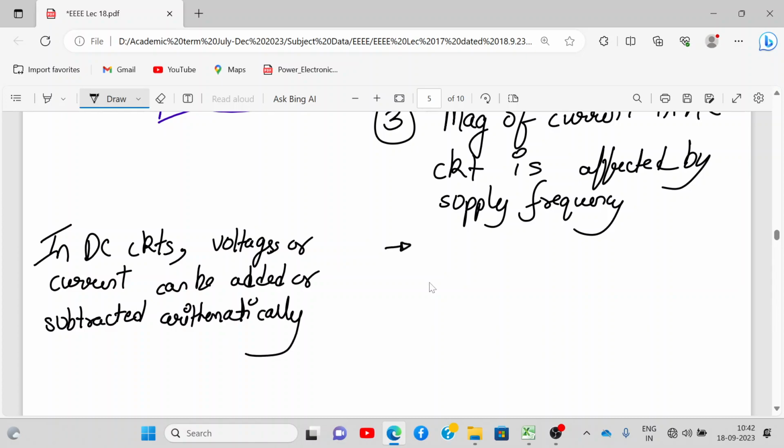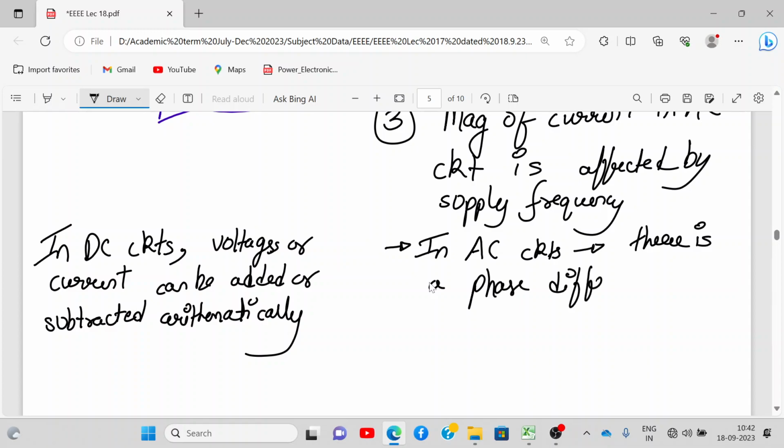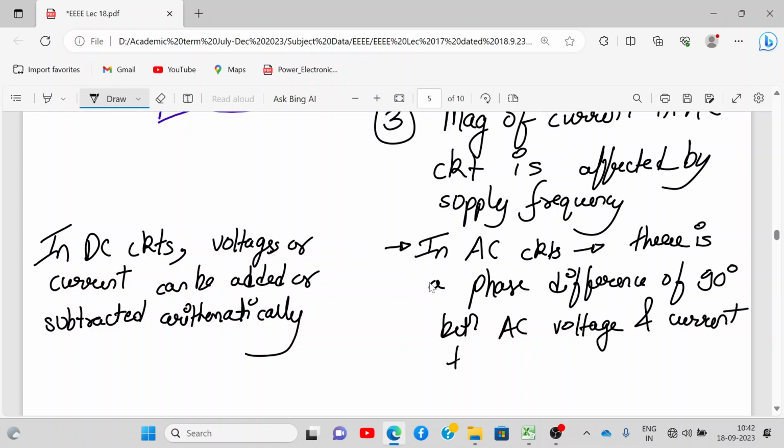Okay, over here in AC circuits, what happens? They are added or subtracted by a phasor. So here actually there is a phase difference of 90° between AC voltage and current through L or C, because in resistance there is no phase difference, right?